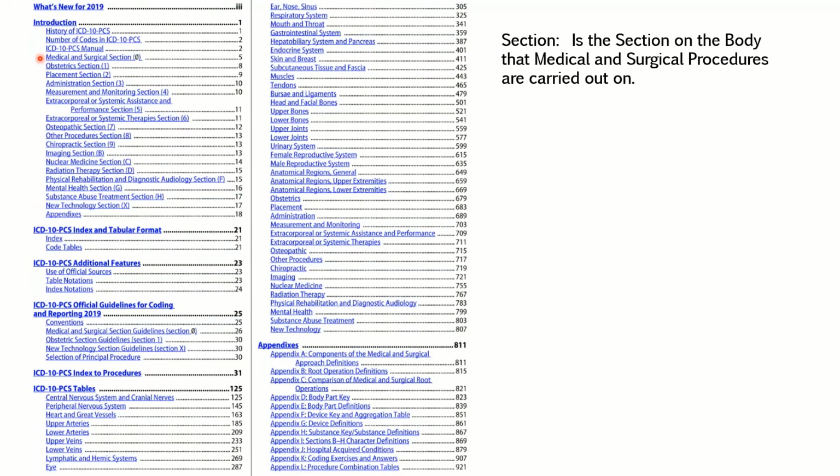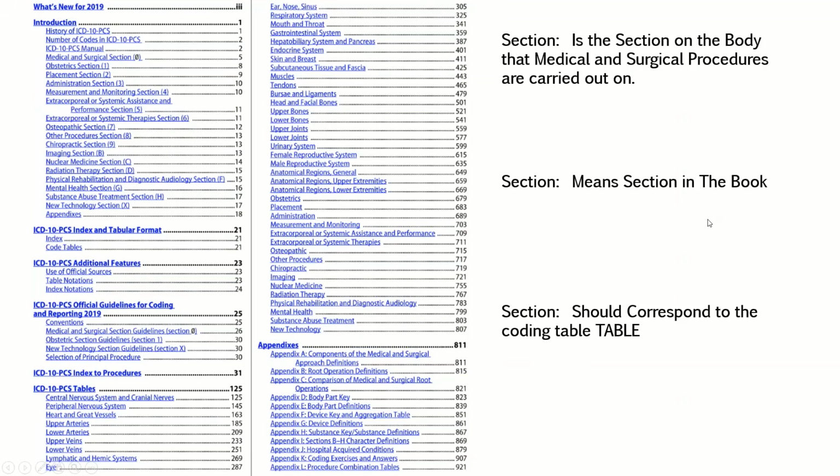Right here, you can see the medical surgical section where it begins, the information that describes the medical surgical section on page 5, obstetrics, placement, administration, and so forth. But just remember, your section is the section of the book. Section should correspond to the coding table, and we'll talk about that a little later.